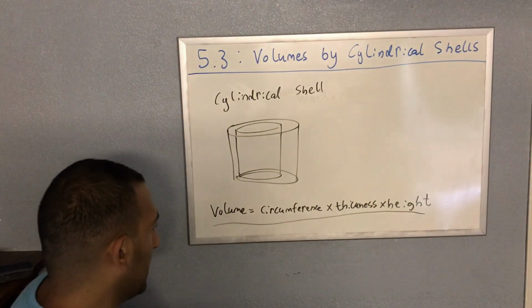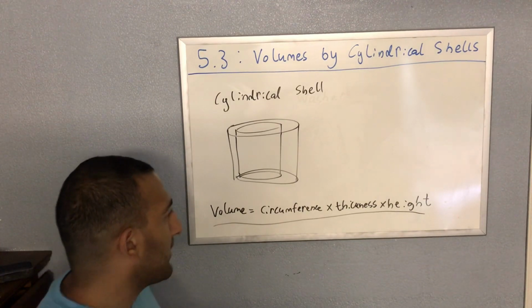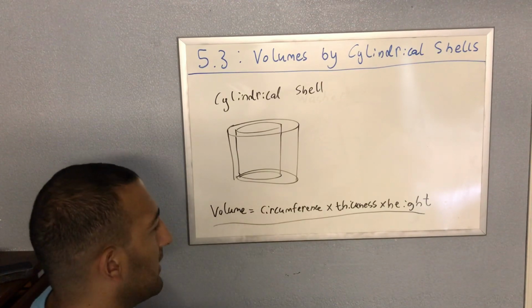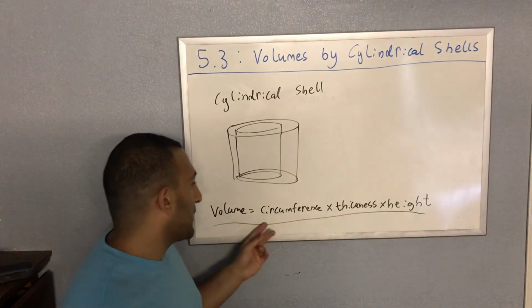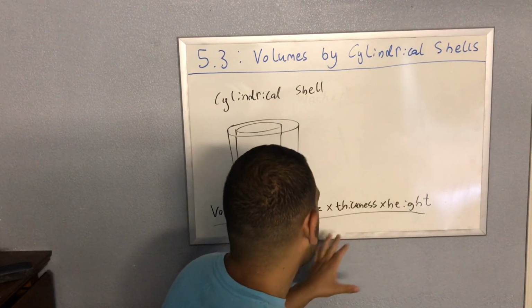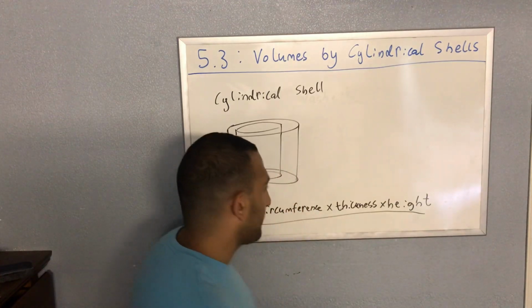Okay. Now, if we think about this in the context of a problem, we'll see pretty quickly how we can figure out what these are. What is the circumference, what is the thickness, and what is the height?